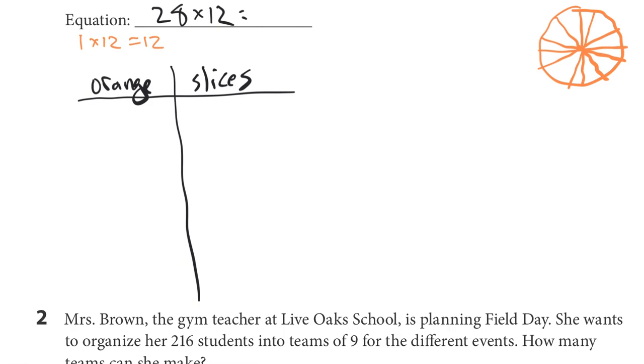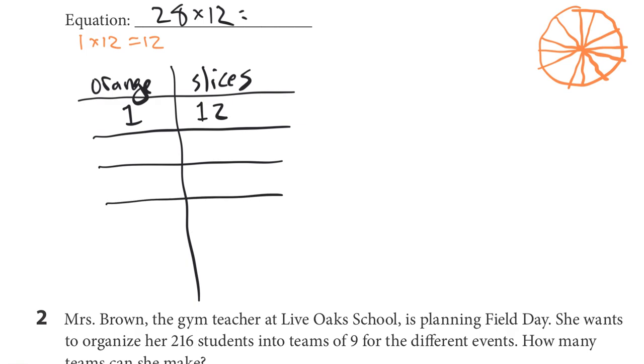And what did we just say up here that's helpful information? Well, we said that one orange gets cut into 12 slices, okay? So as I go through here, I should be able to find 28 eventually. We're trying to turn this one orange into 28.